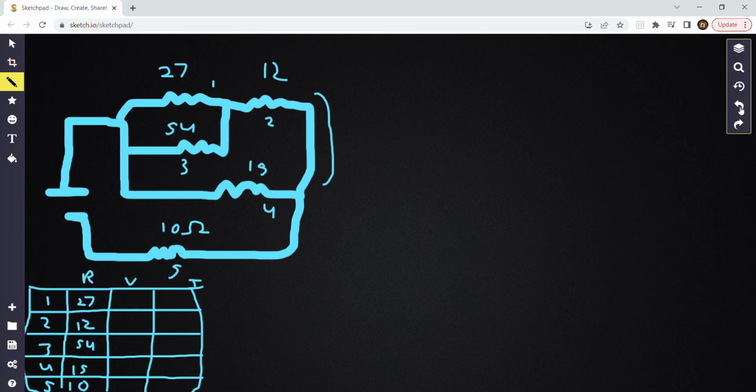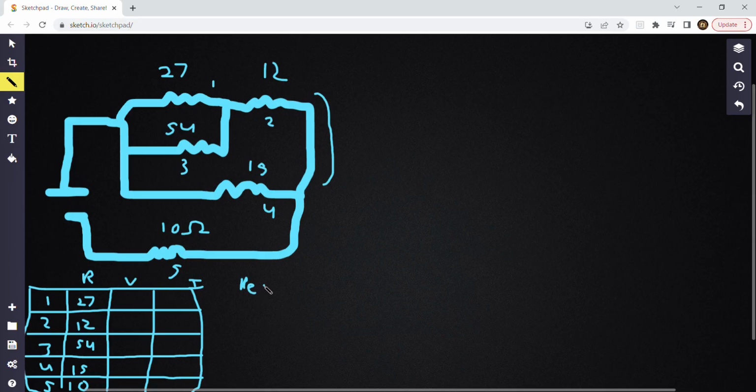After that, we know that the REQ is 20 ohms, so we use the battery, which, sorry, I didn't write that down, is 40 volts. Then we do I equals V over R, and we get the I battery is 2 amps.